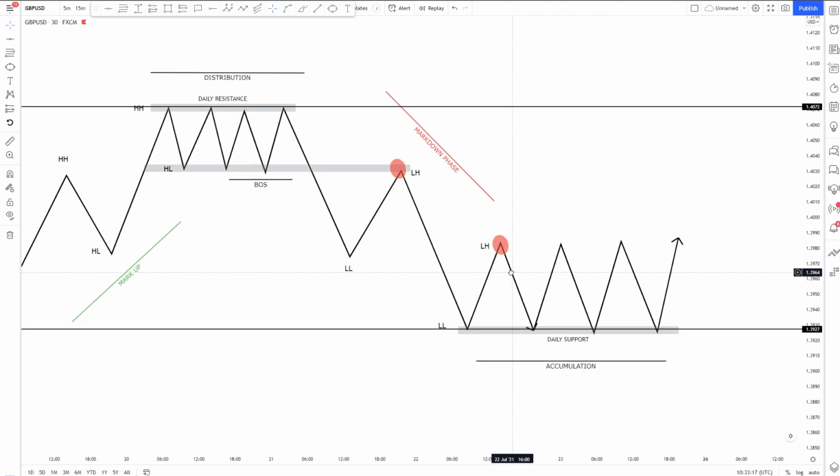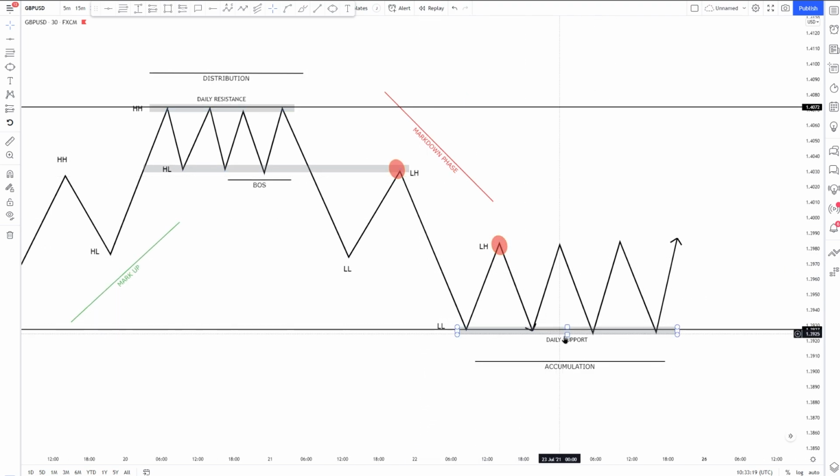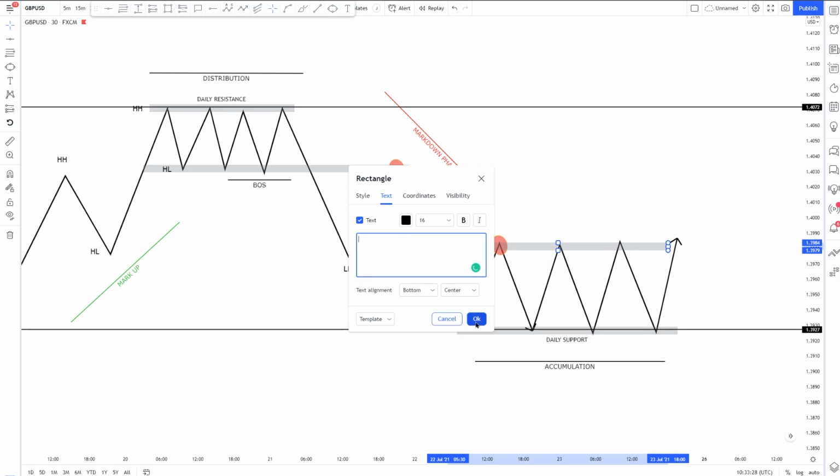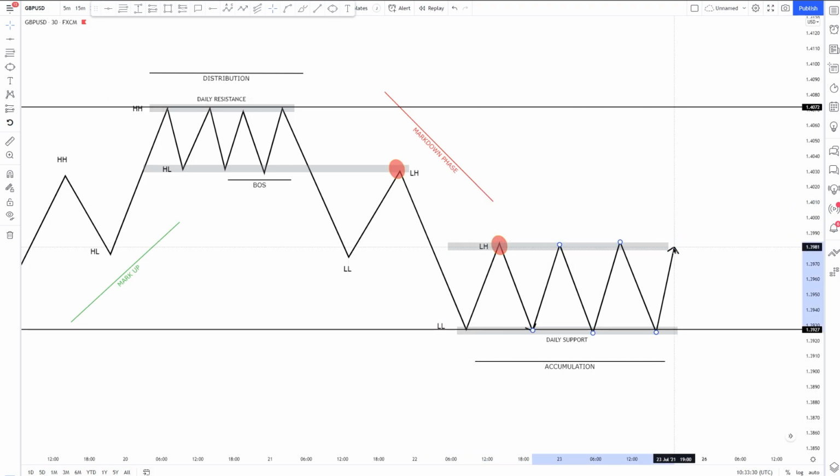The market came to this level and created a support, and as you can see, this is a range. This means the market is failing to create a higher high or a lower low. So it's ranging, and if there were any positions from this lower high to the downside, this could be a good profit taking area on this daily support.